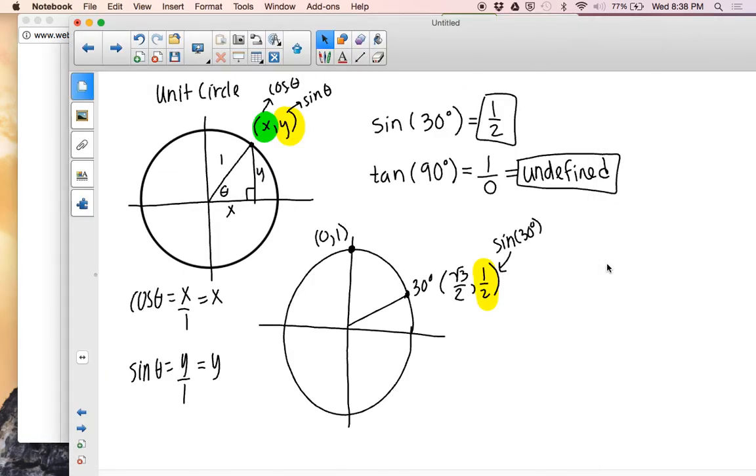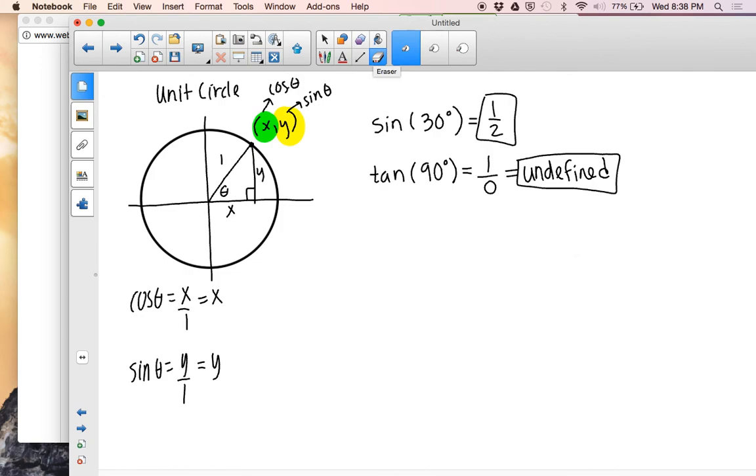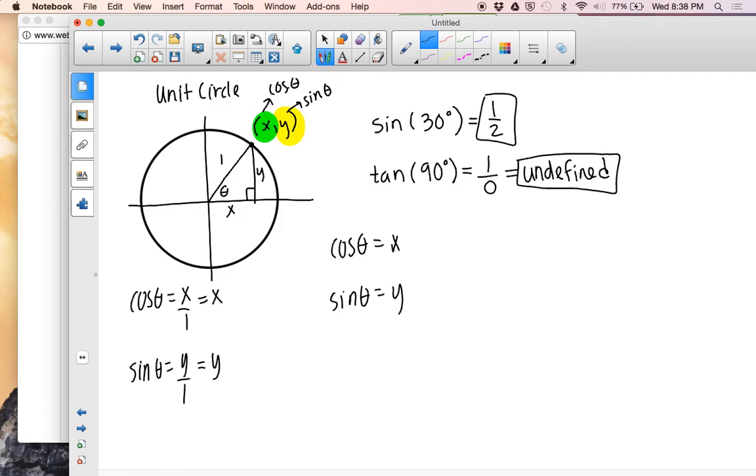Now I'm going to pause here for a second and come back to the notes. So what we did was sine, tangent, etc. I'm going to erase this part here, and we're going to write some shortcuts for using the unit circle to find your trig functions. So we said cosine theta is x, sine theta is y, and tangent of theta is y over x.